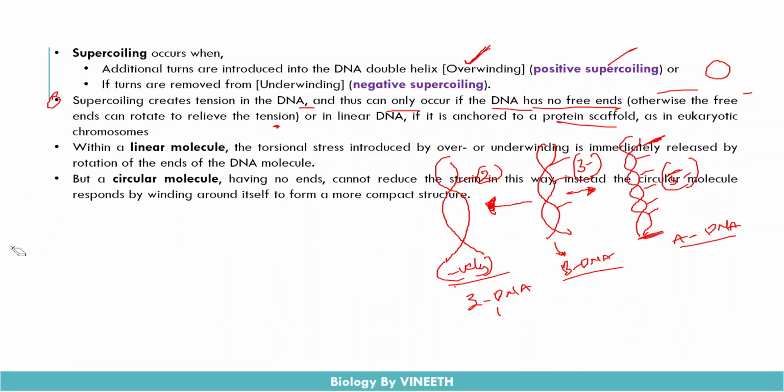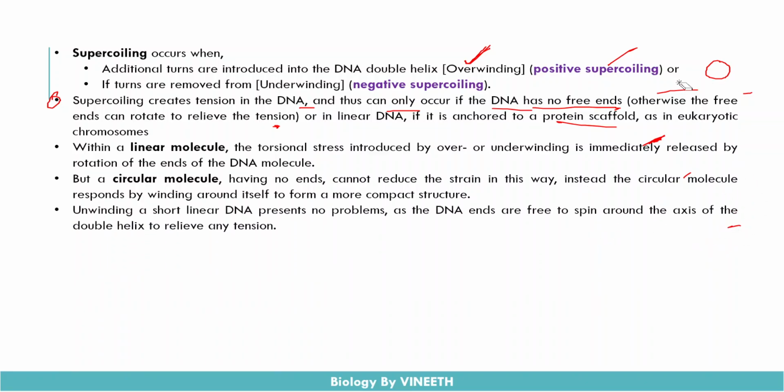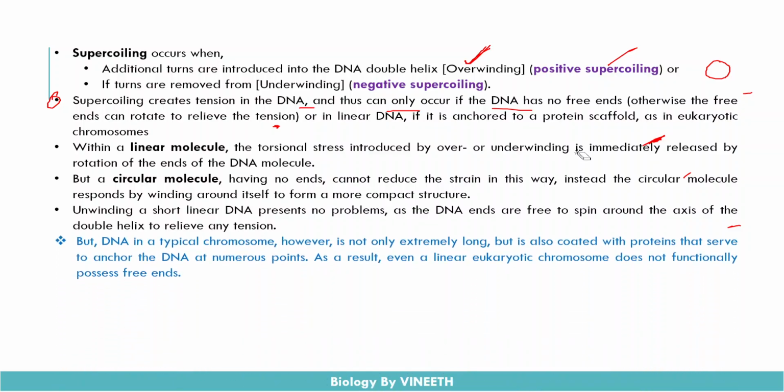If we talk about the circular molecule, because it doesn't have any free ends, it cannot reduce the strain, so it is subjected to supercoiling. Underwinding a linear DNA presents no problem, because the ends are free to spin and relieve the strain on the DNA molecule. Even if you introduce some twisting, it reduces the strain on the DNA sequences.